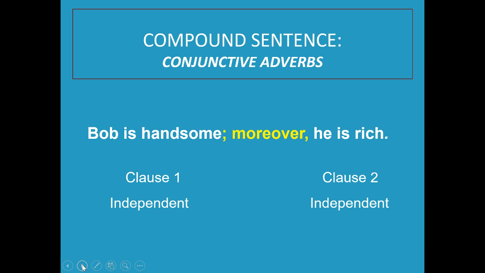Here's an example. Bob is handsome. Moreover, he is rich. There, as you can see, "he is rich" is only three words, but that is one independent clause. Okay. "Bob is handsome" is the first clause, which is connected with a conjunctive adverb. "Moreover, he is rich."